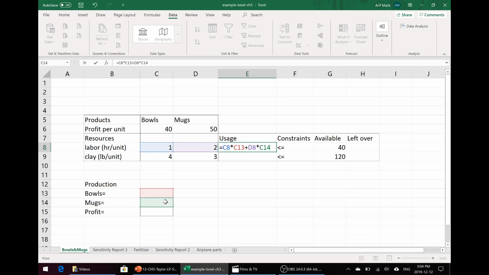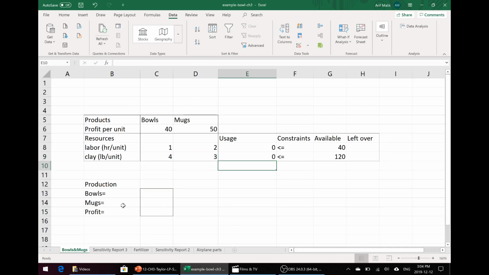We put this formula here, and in the same way the other formula, which is 4x1 plus 3x2. So equal to 4 multiplied by the number of bowls plus 3 multiplied by the number of mugs, and that's it.